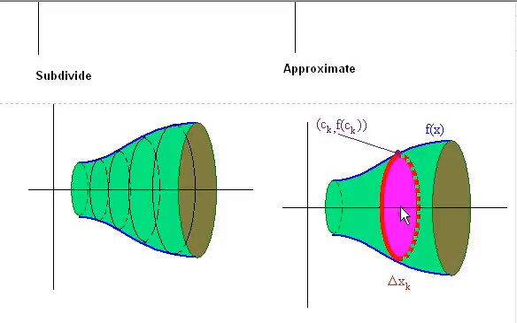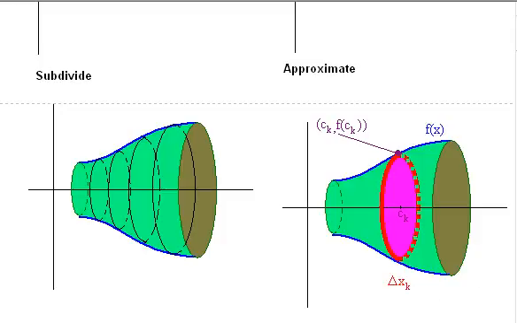And the radius of this cylinder would be the value of this length right here, which is f of c sub k, where c sub k is some x value in the interval delta x sub k, or from x sub k minus 1 to x sub k. And so this height is f of c sub k, and that height is indeed the radius of this disk. The thickness of the disk, the height of the disk, is this.